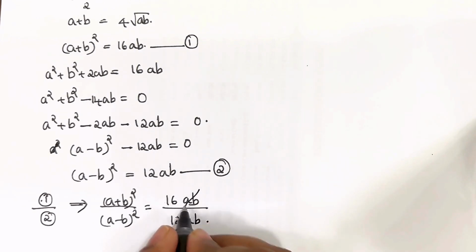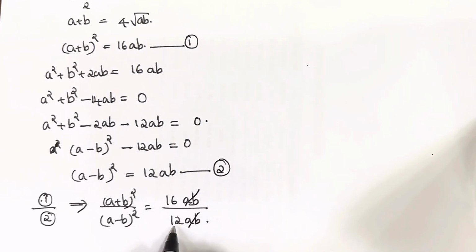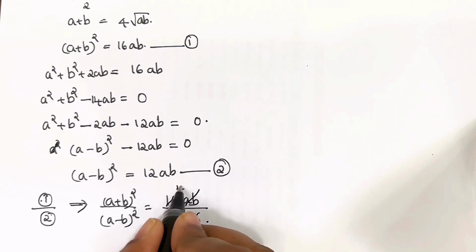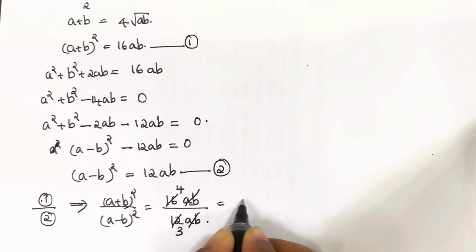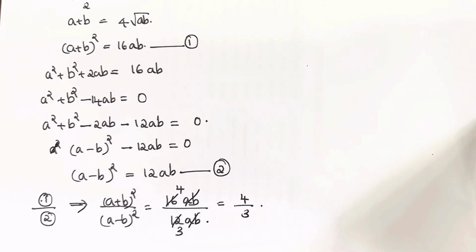Cancel ab and ab here. 16 and 12 both are divisible by 4, so it is 4 by 3. Therefore, (a plus b) by (a minus b) is equal to, taking the square root, 2 divided by root 3.